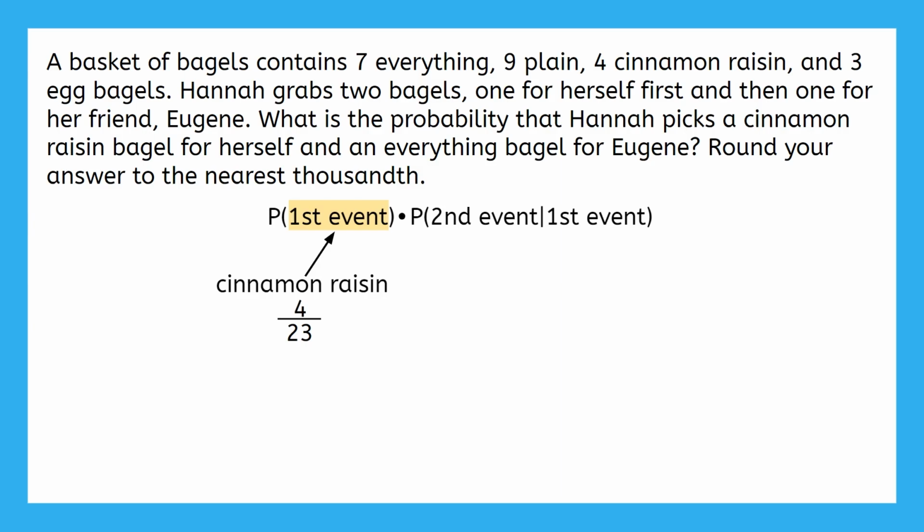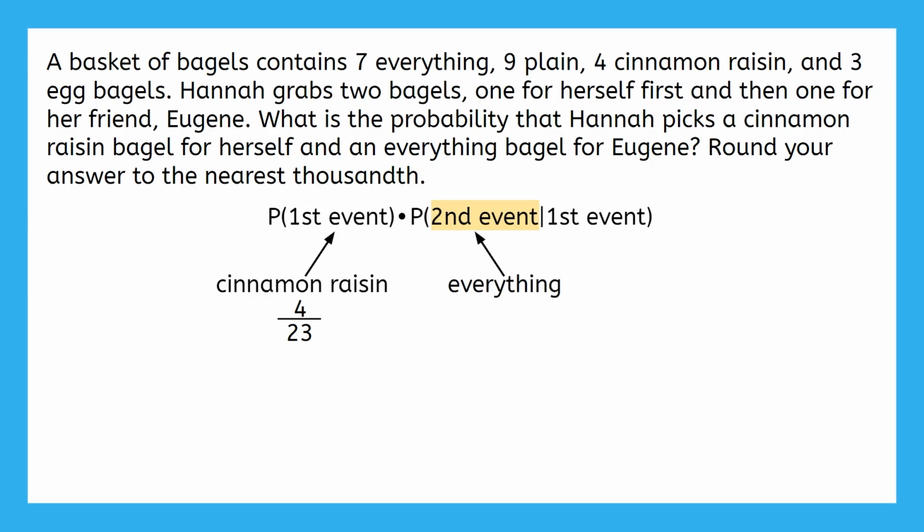Pause the video here and find the probability of the second event on your own. Be extra careful here. Make sure you consider whether or not the first event is going to have an effect on it. The second event is picking an everything bagel for Eugene.